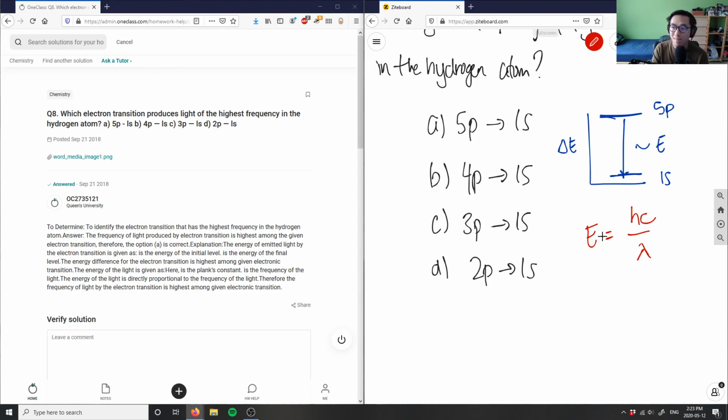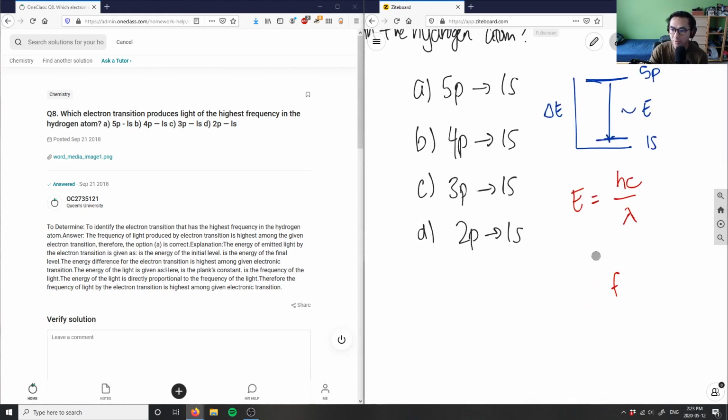And because E equals hc over lambda, we also know that our wavelength, or lambda, equals our speed of light divided by our frequency. These are things we know, equations that we learned either in physics or in chemistry.